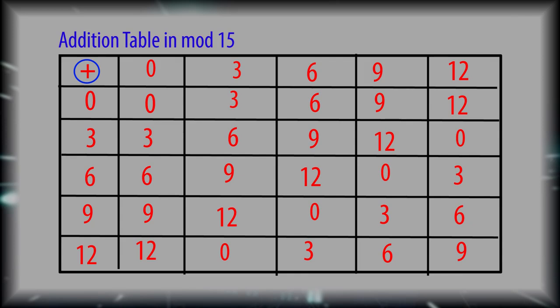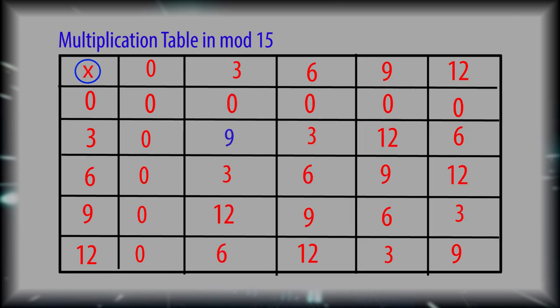Now remember, in forming these tables, you have to add or multiply and change your answer to modulo 15 before writing it in the appropriate box. I'm sure you can see the table completed.